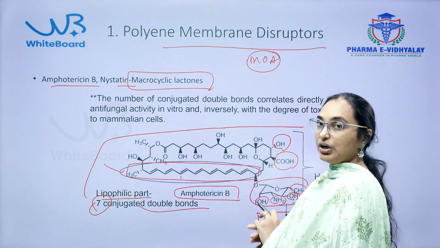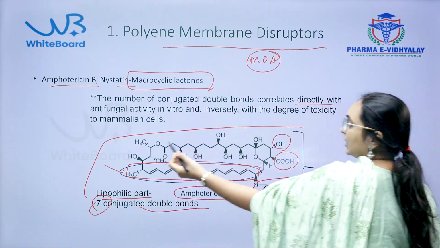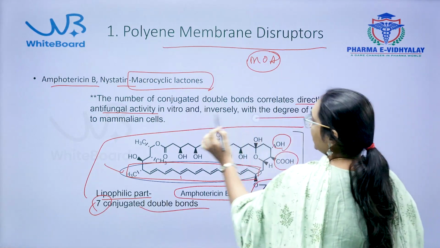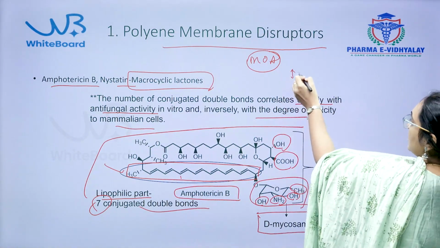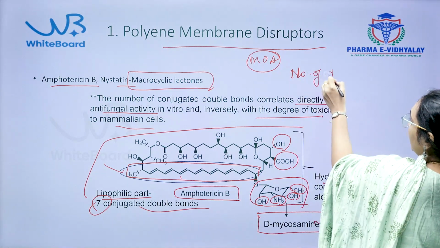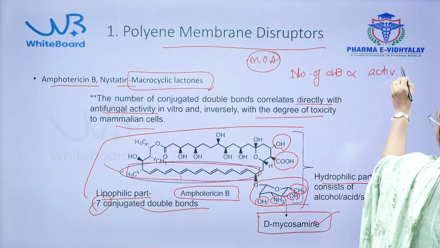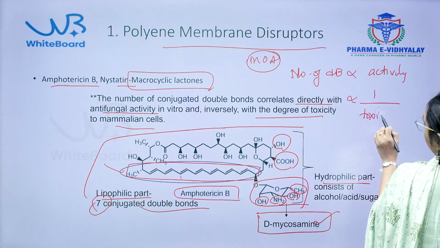One important point here is that the number of conjugated double bonds correlates directly with the antifungal activity in vitro and inversely with the degree of toxicity. So, the number of conjugated double bonds is proportional to activity and inversely proportional to toxicity.